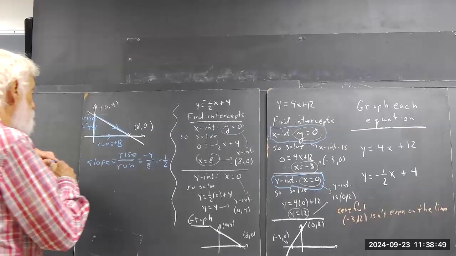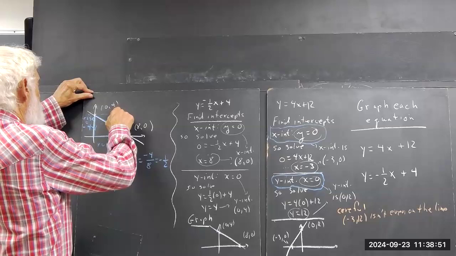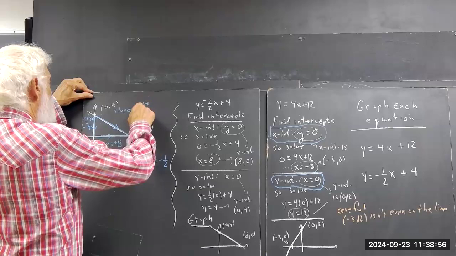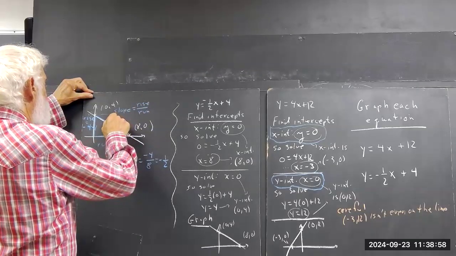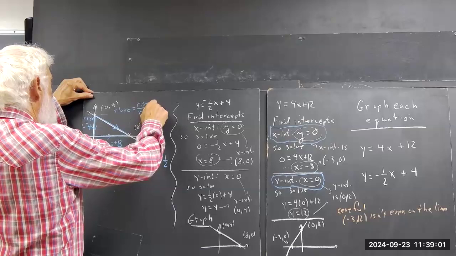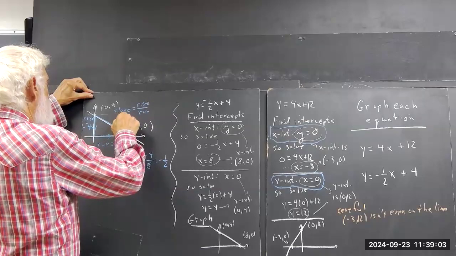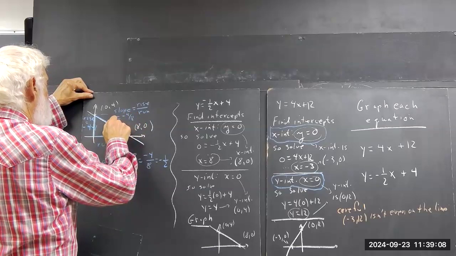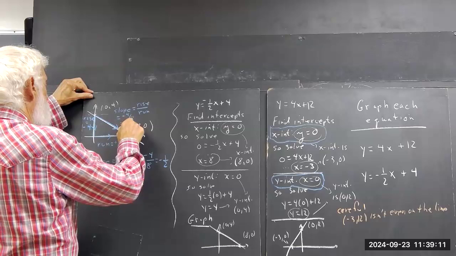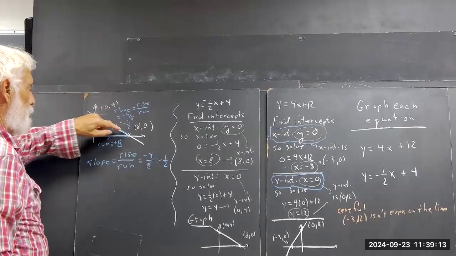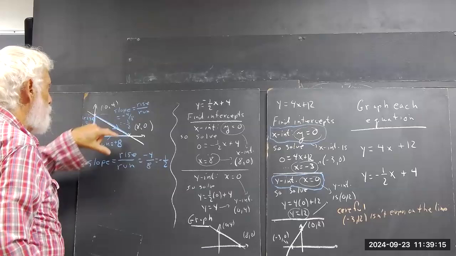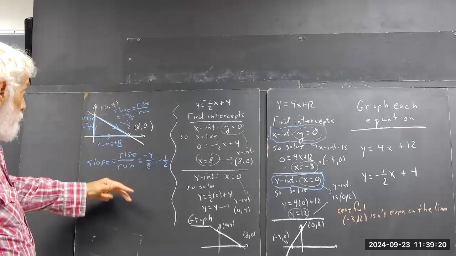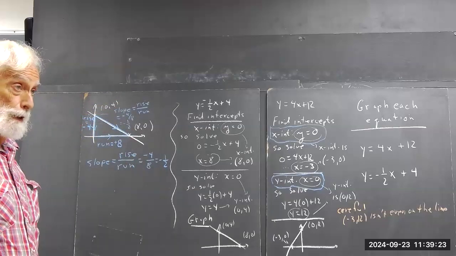So there's the same calculation up here, where it would be a good place to write it, instead of down here, away from the triangle.